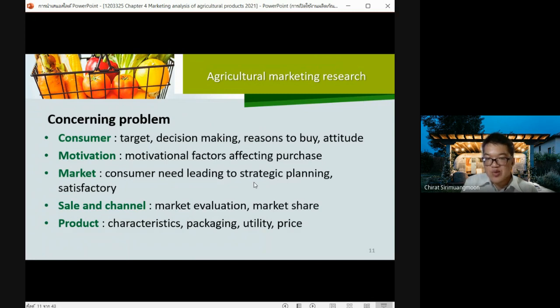Or in terms of the motivation problem, what they really want, or what motivation affects their purchase. For example, for organic products, organic fruit and vegetables, the motivation is actually not just the product. They have something in their mind, like they need to have a safe life, they need to have a longer life, so they reduce consuming fruit or vegetables that might be contaminated with chemicals.